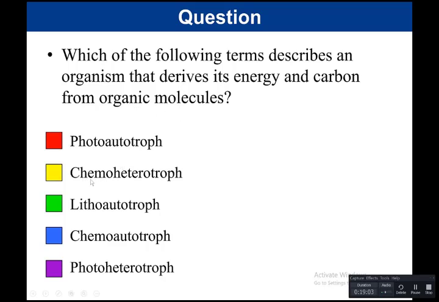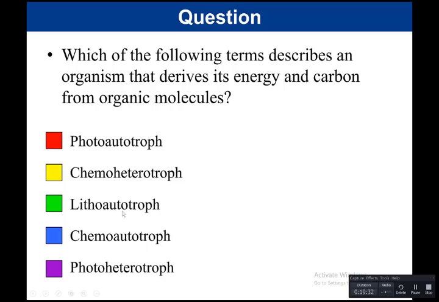So this would be a chemoheterotroph. Photoautotroph, again, photo would be one that uses sunlight for energy. Auto referring to carbon dioxide for their carbon source. So that's not right. A lithoautotroph, it's also the same as a chemolithoautotroph. They use chemicals for energy, but litho refers to inorganic chemicals.